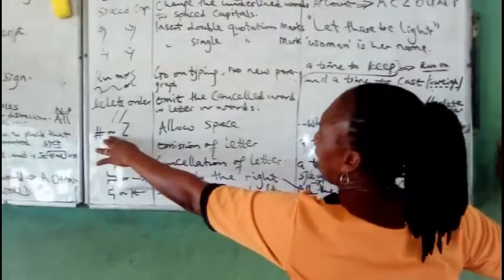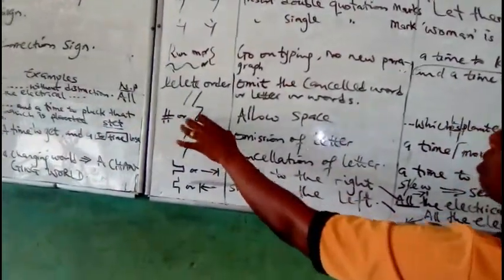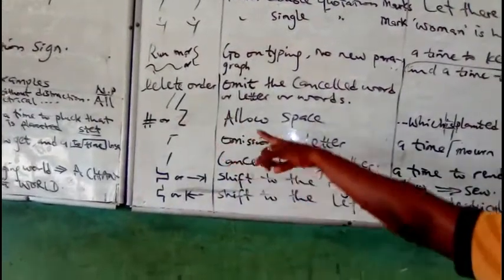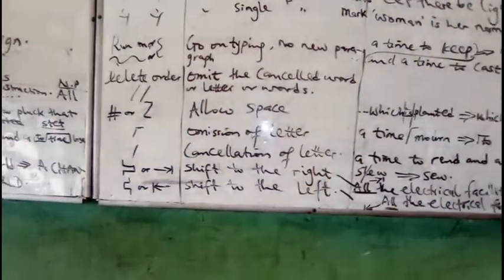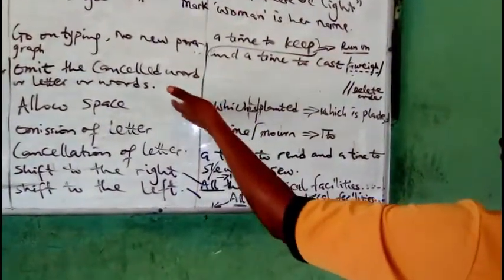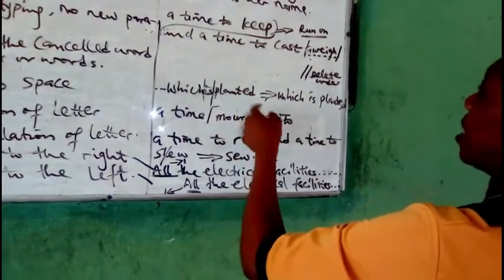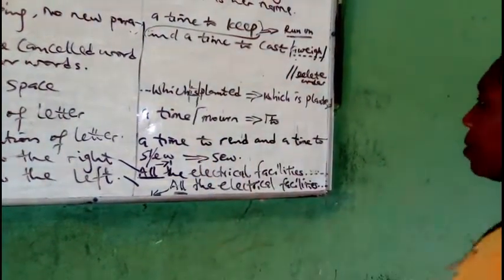Then here is another sign, hash or Z. Allow space. In this sentence, something was written at the back, which is "planted". There is no gap.